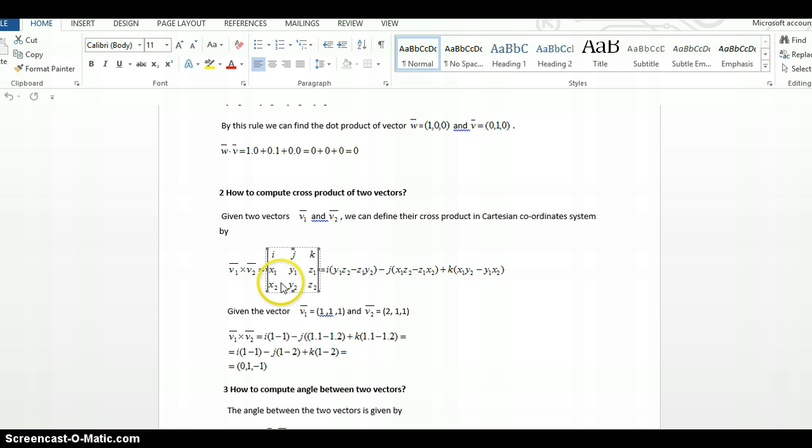If I take the cross multiplication, x1 times y2 gives me x1 y2, and y1 times x2 gives me y1 x2. So I will just say x1 times y2 minus y1 times x2.